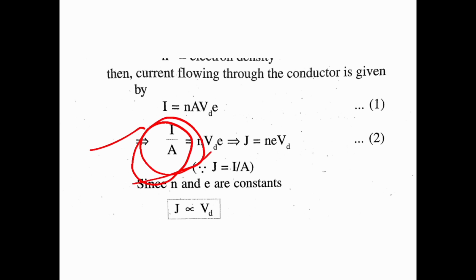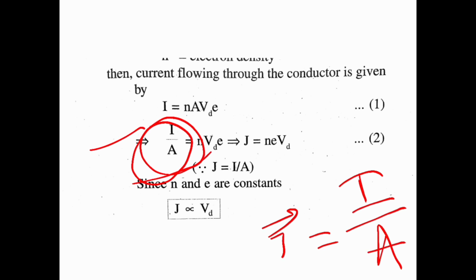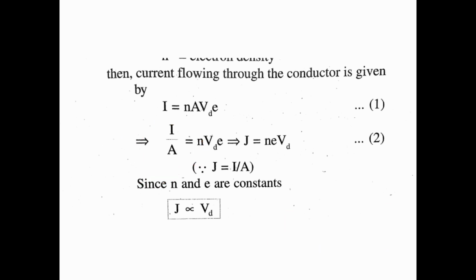The next step, that implies, here we know from the definition that the current density vector, that is J vector, is equal to the current I flowing per unit cross sectional area A. So I by A refers to the current density vector.